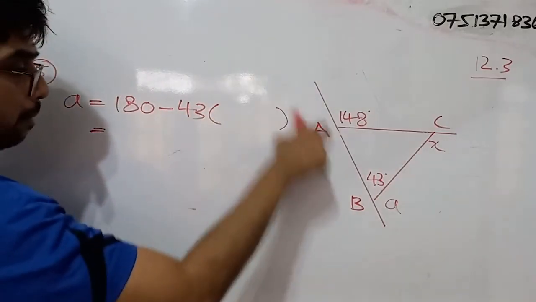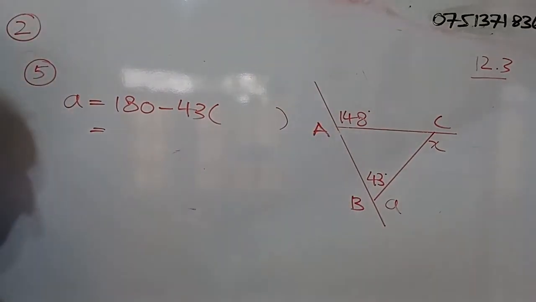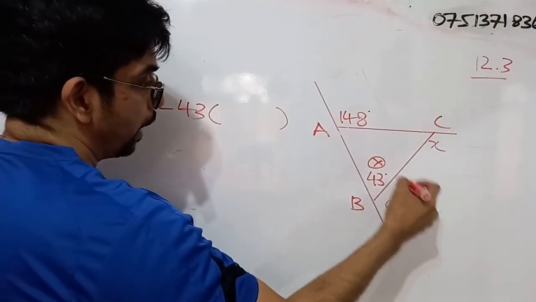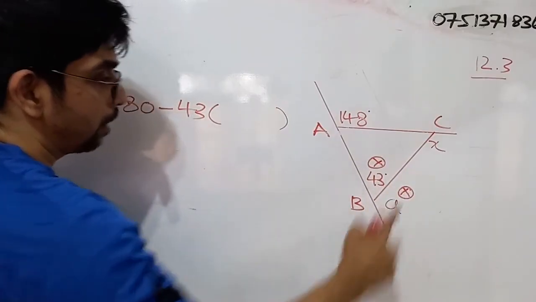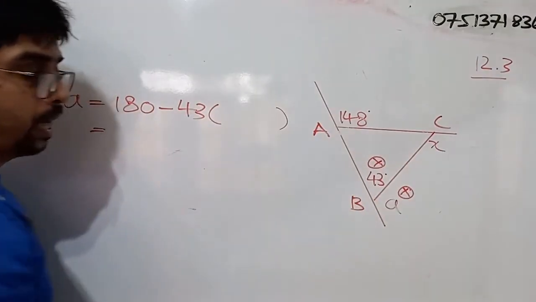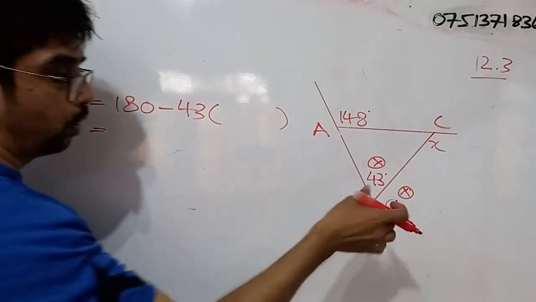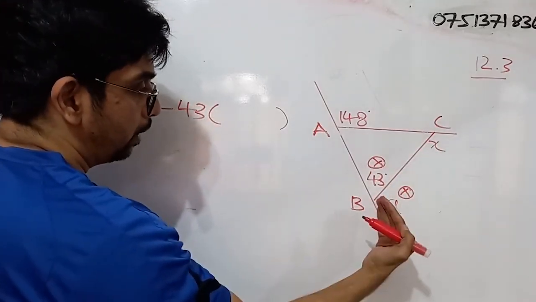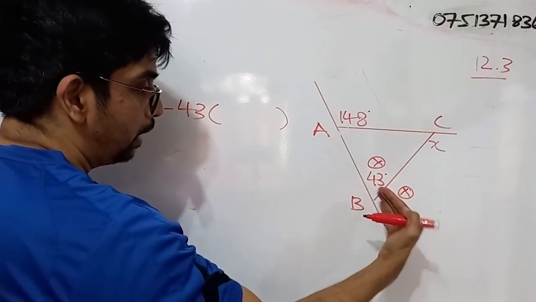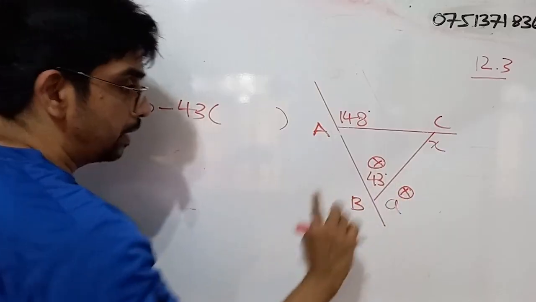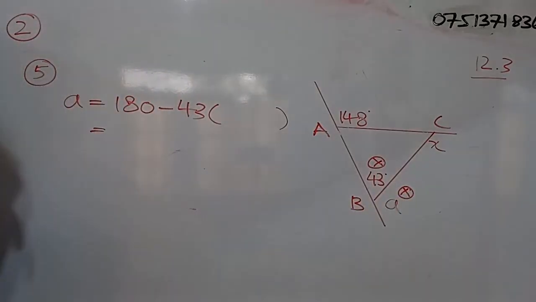What is the reason? AB is a straight line, right? We know that if we think about these two angles, right? If this is a straight line, these two angles are adjacent angles. So we know if we consider one side of a straight line and if we calculate the sum of adjacent angles, it will be what? 180.